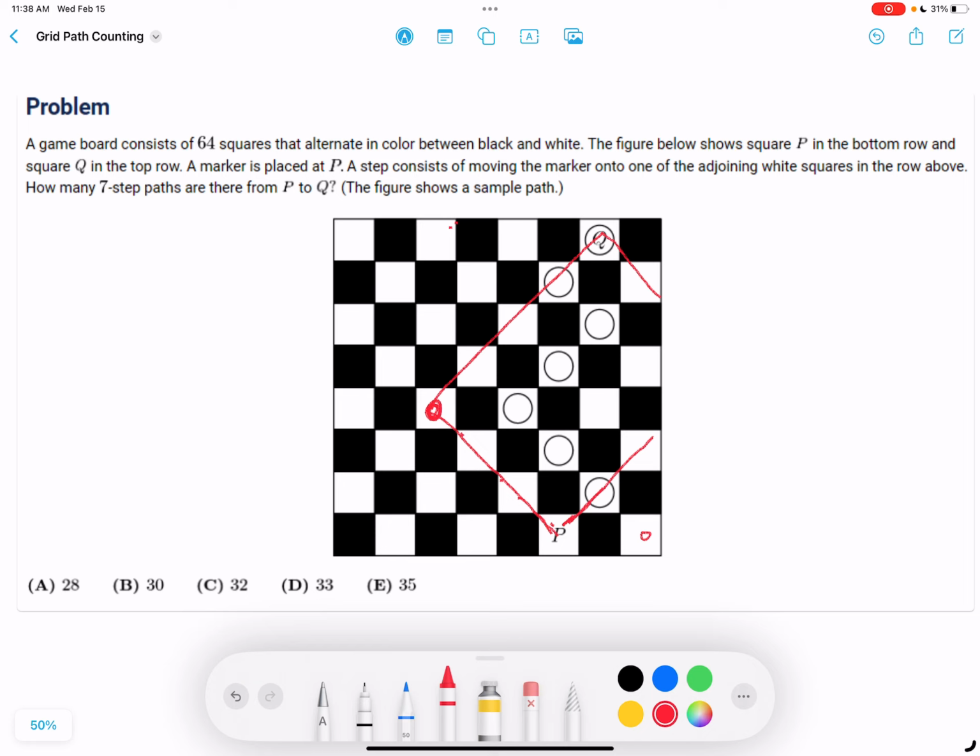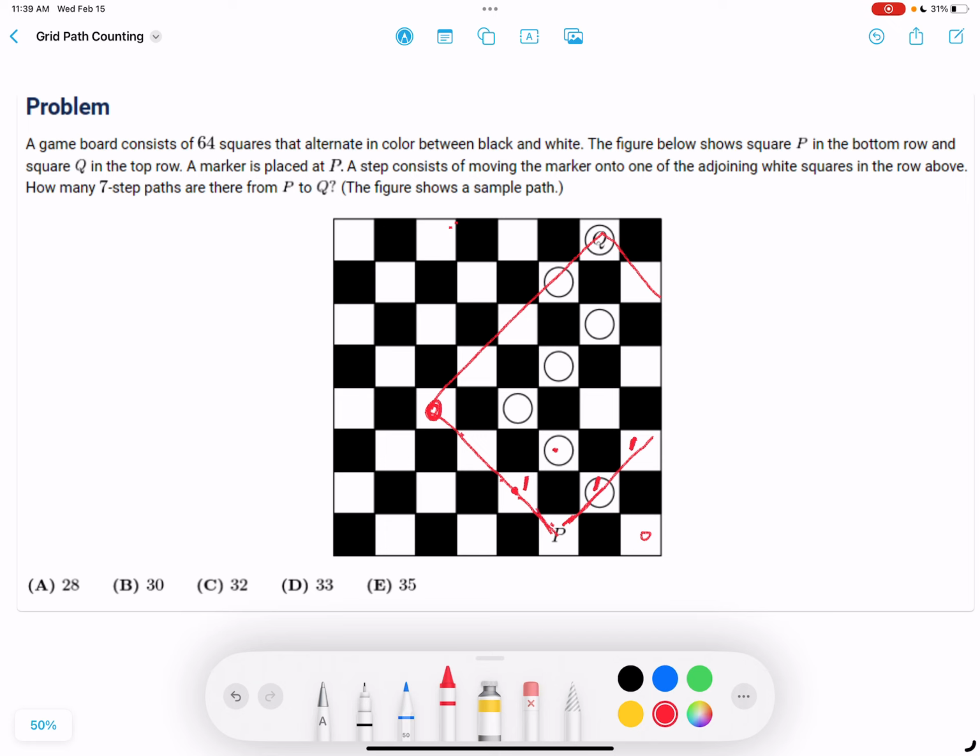All right? So now, forget about Q for now, right? If we want to go from P to this white box, how many paths do we have? We have one path, right? Only one way to come here. Similarly, only one way to come here, right? And similarly, only one way to come here. But when we come here, we have options.